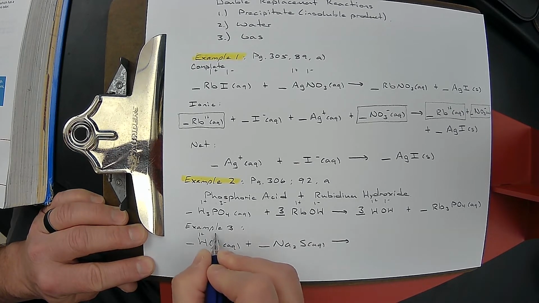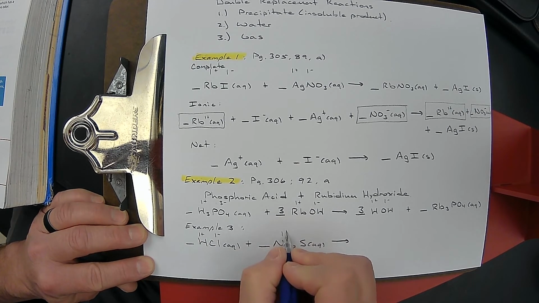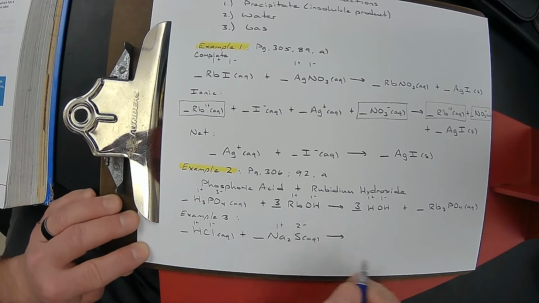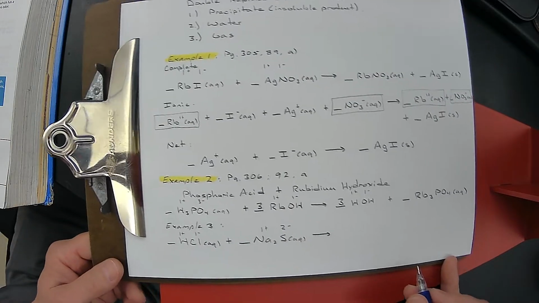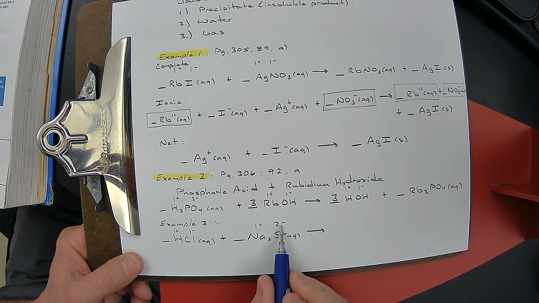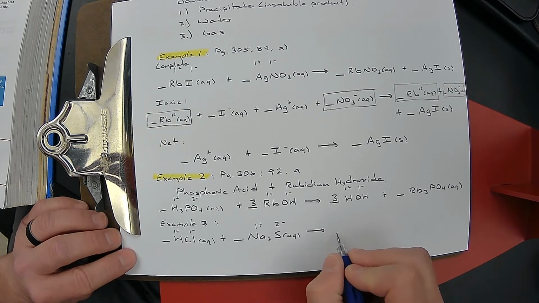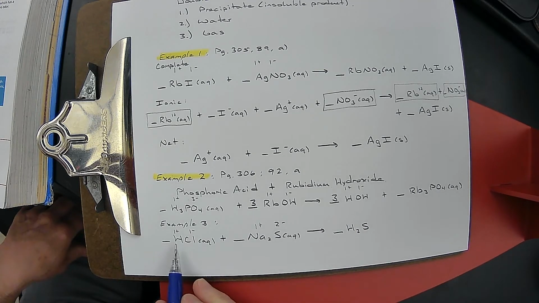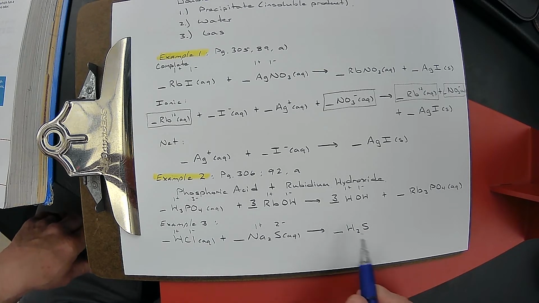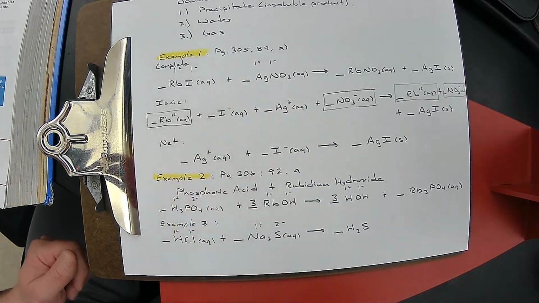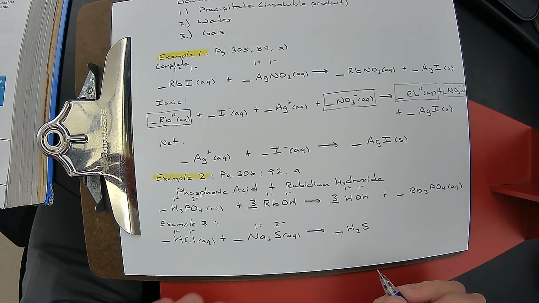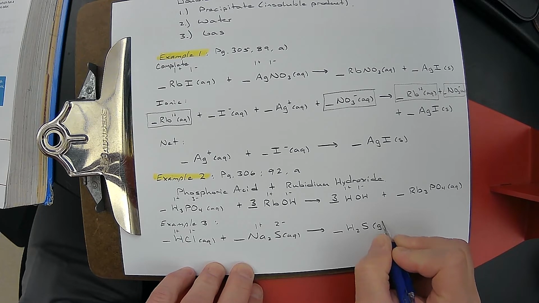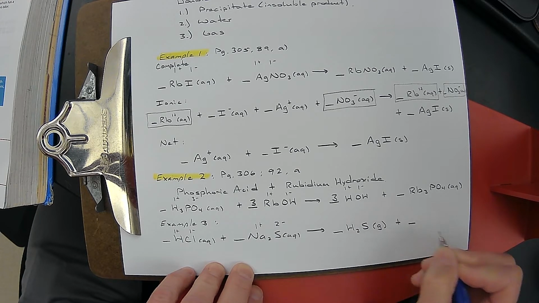H is a 1 plus, Cl is a 1 minus, Na is a 1 plus, S is a 2 minus because it's in column 6A. So when we put these together, the 1 plus will go with the 2 minus, so it's got to be H2S. Now, H2S is one of those 3 gases that we're looking for from our previous video being formed. So we put a G at the end of that.